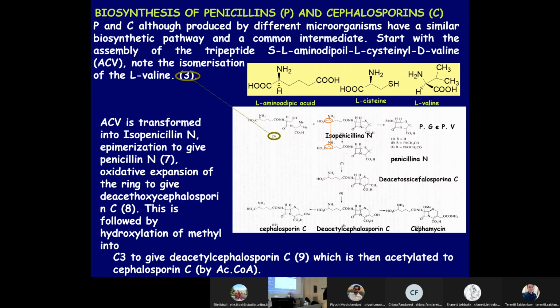How penicillins and cephalosporins are biosynthesized inside the microorganism by the different microorganisms. There are three important building blocks, three important bricks, we can say: L-cysteine, an amino acid, L-valine, another amino acid, and another atypical amino acid called L-aminoadipic acid.